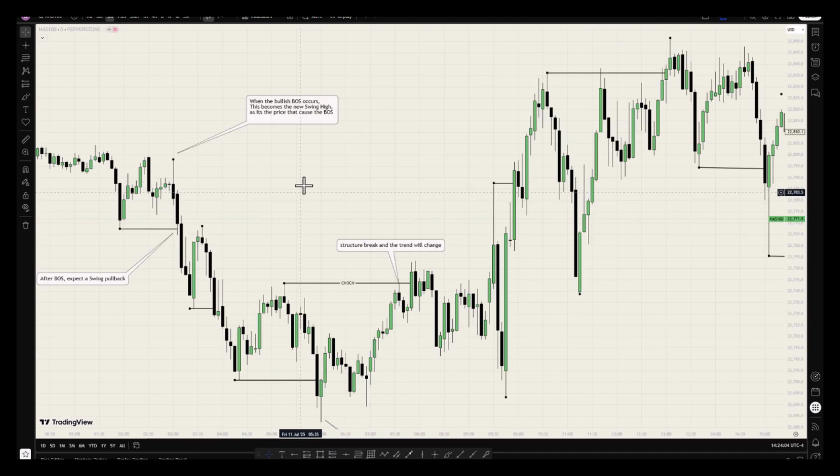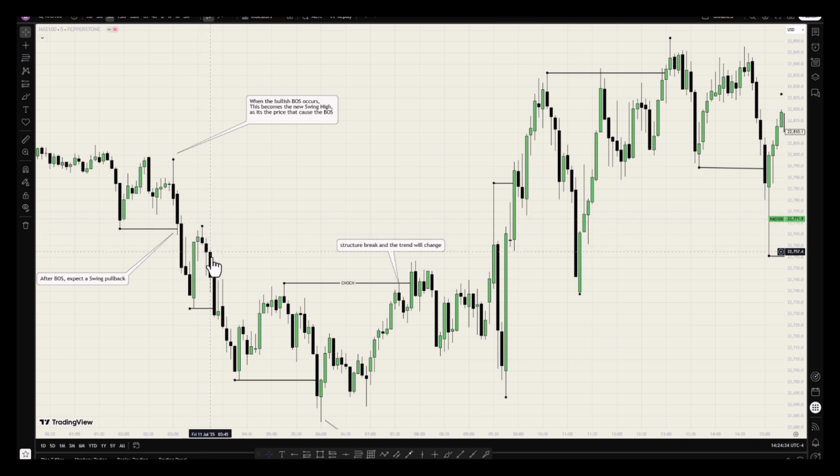Let's look at some examples of how to identify market structure on the chart. So here we see this is a lower low, and we see a break of market structure here because this candle has closed below this low. Now after break of market structure, expect a swing high pullback. Now this is a swing high pullback, and here price has created a lower high.